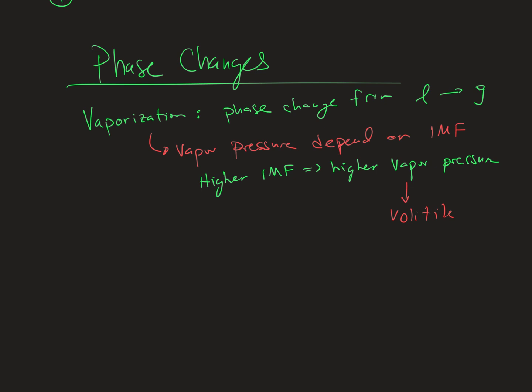More volatile, right? Directly related. That's on the test, actually. Does that seem directly proportional? Yes. So volatility is directly proportional to the vapor pressure.